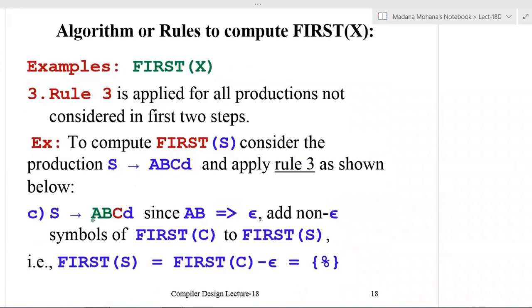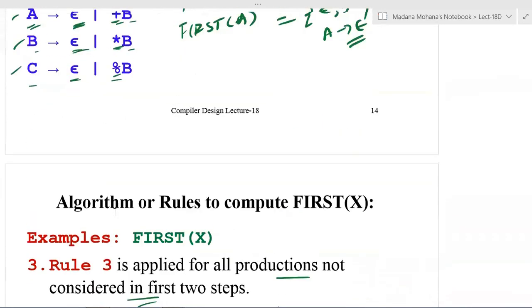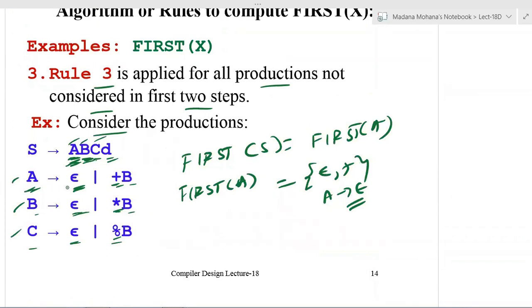Now since A and B derive null, add non-epsilon symbols of first of C to first of S. What is first of C? Percentage comma null. Non-epsilon means excluding null. Then the percentage symbol is added to first of S. Finally, C also derives null. In the grammar you can see A derives null, B derives null, C derives null.